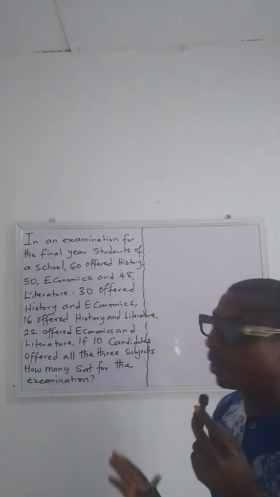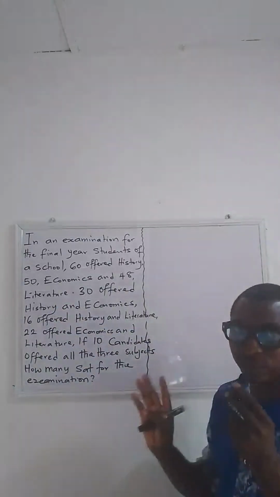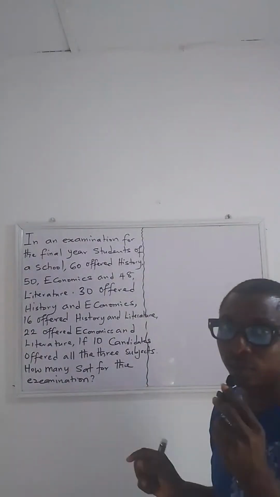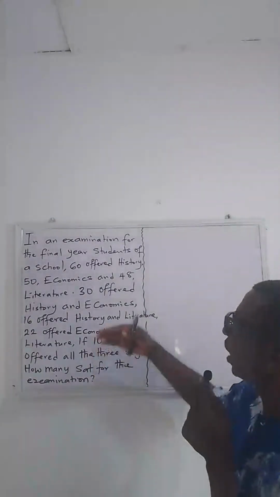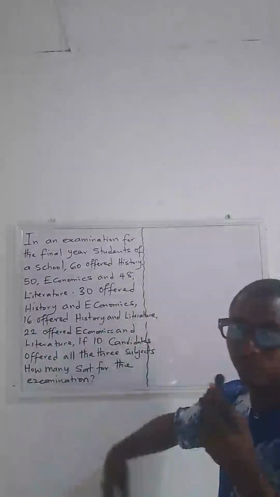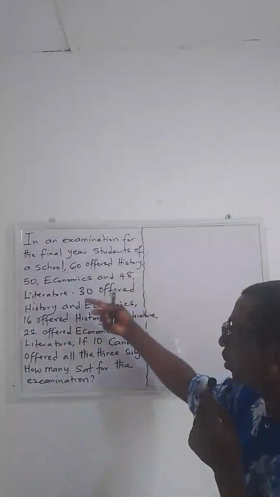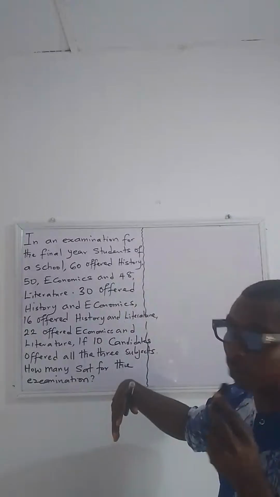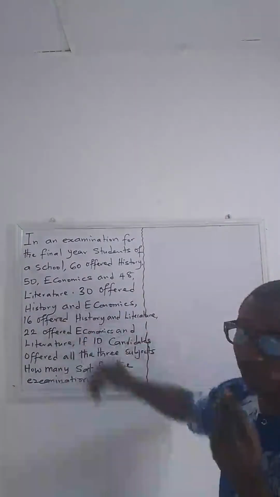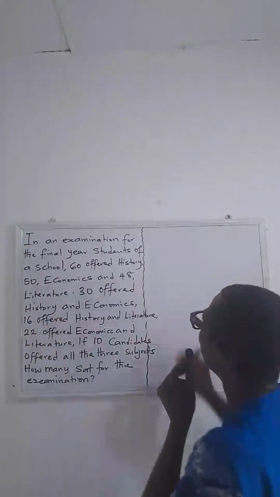So we have 3 main sets of students: students that offer history, students that offer economics, and students that offer literature. Now we can begin to write.